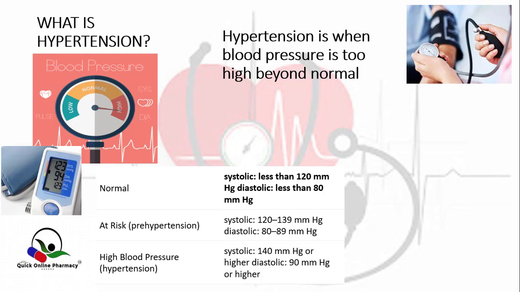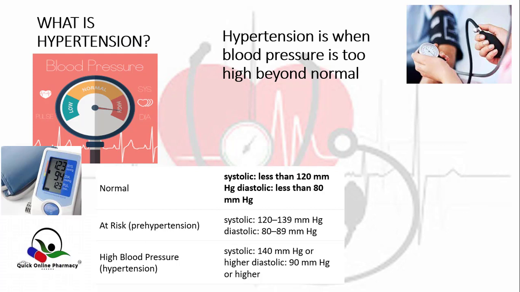So when you are elderly and find that your blood pressure is too high, that shouldn't scare you. Just go and seek medical attention. But for a normal person, the systolic should be below 120 and the diastolic below 80.